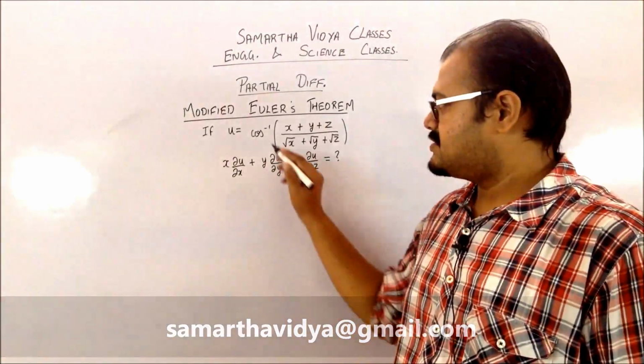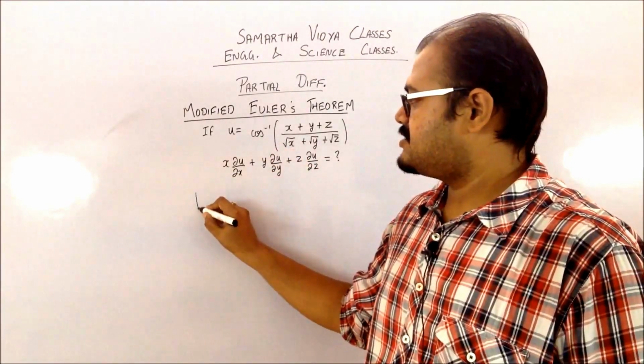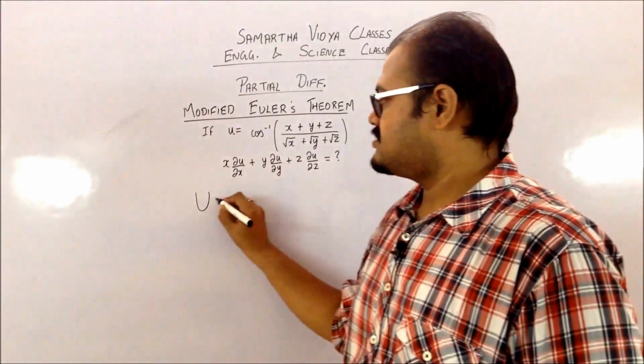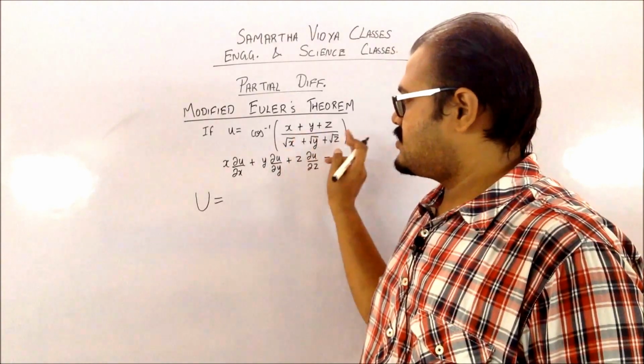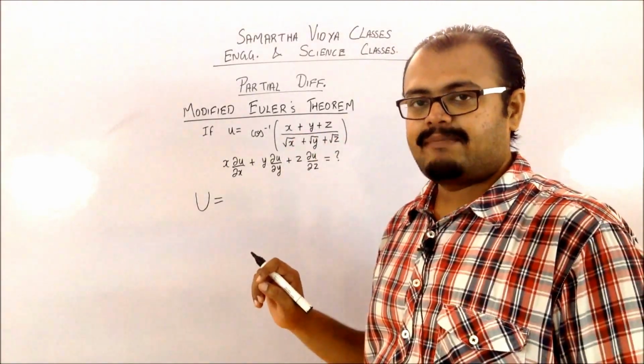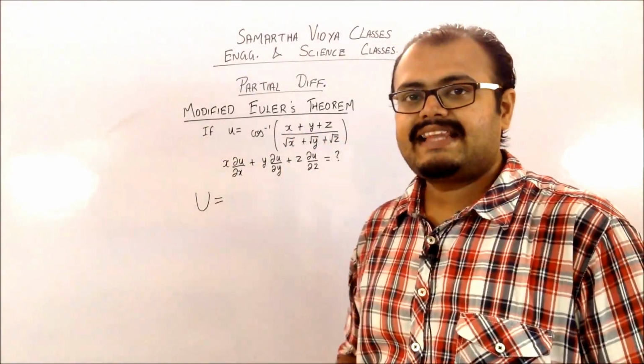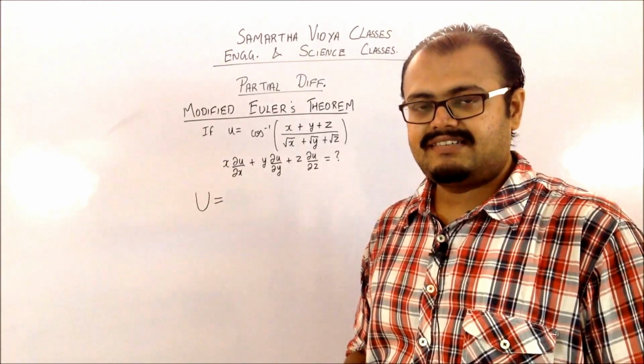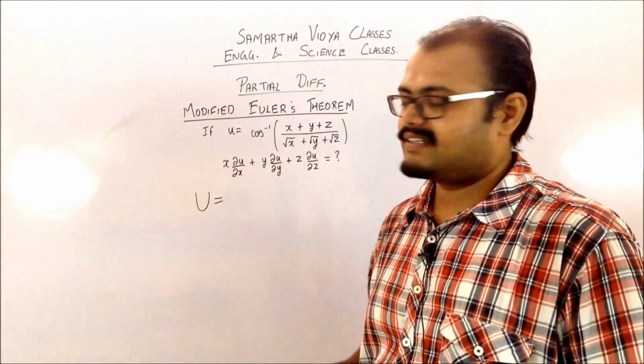So what you can do is represent your u as capital U, which you have already seen in the earlier video. You will represent your x, y, z with capital X, Y, Z, and that capital X, Y, Z will be represented by small xt, yt and zt respectively.